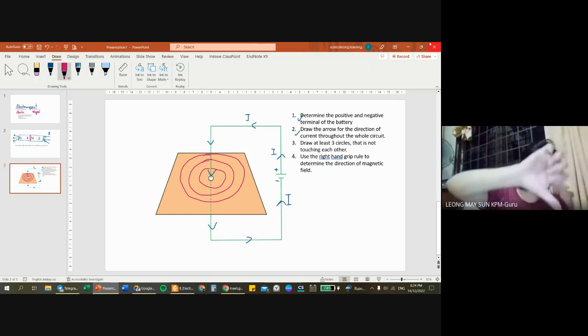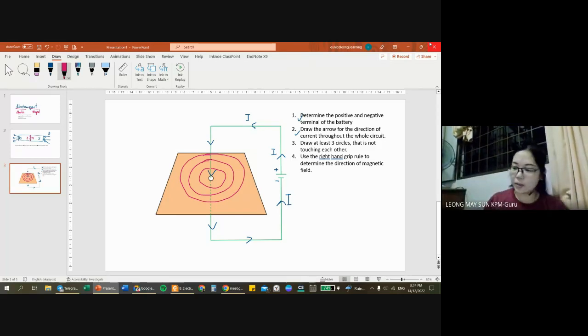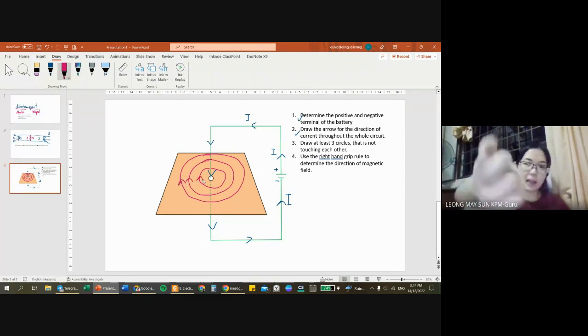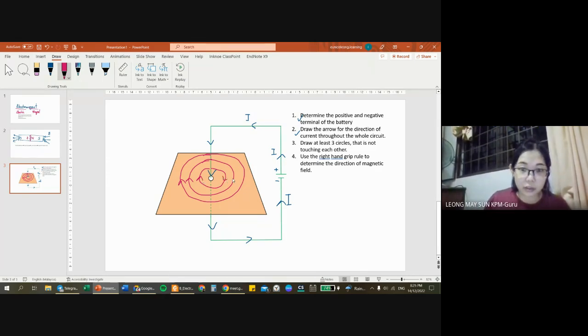On the left side, you can see that the fingers are going in. When it's going in, then on the screen or on your paper, you draw the arrow going in. On the other side, my fingers are curling out. On the right side, my fingers are curling out, so on the circle also, it should curl outwards. That is how we determine the direction of magnetic field for a straight conductor.